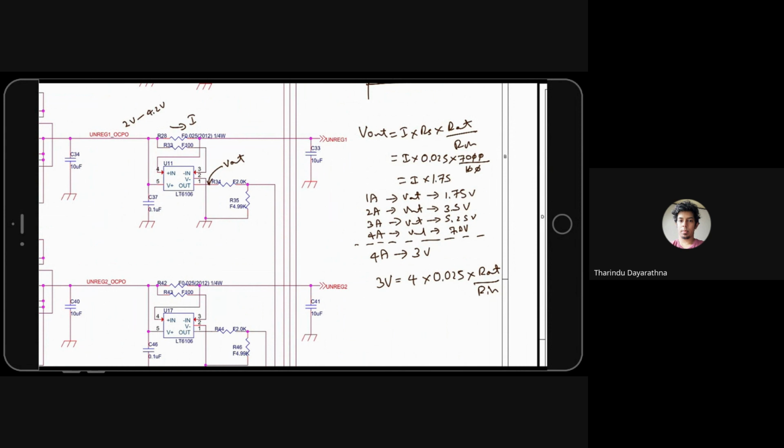Normally, let's say we set R in as 100 ohm. If 100 ohm, how much is R out? I need to calculate. It's 3000 actually. You need to put a 3K resistor there.